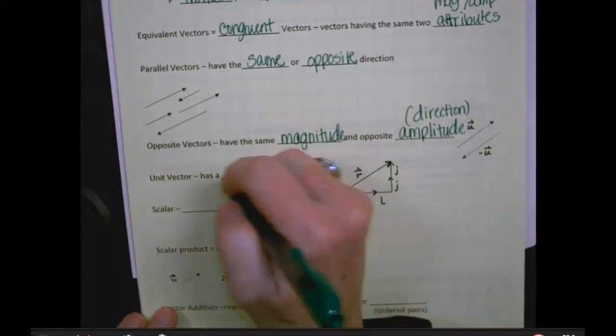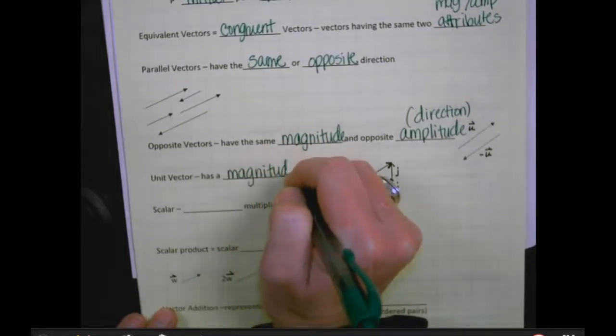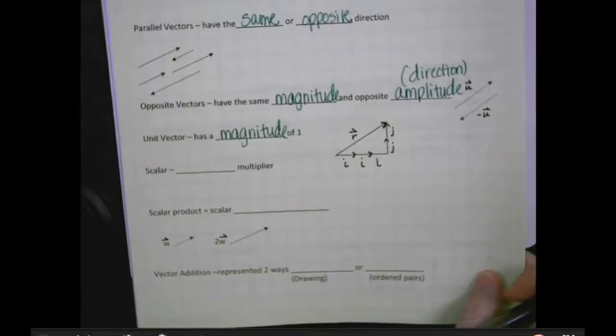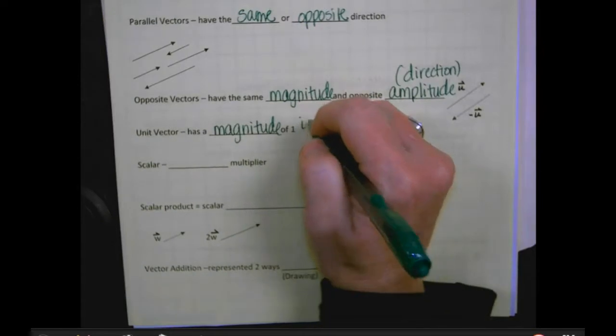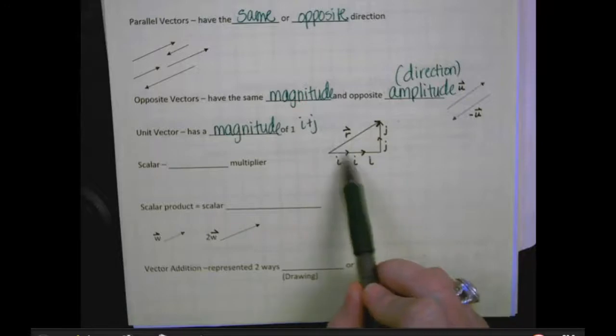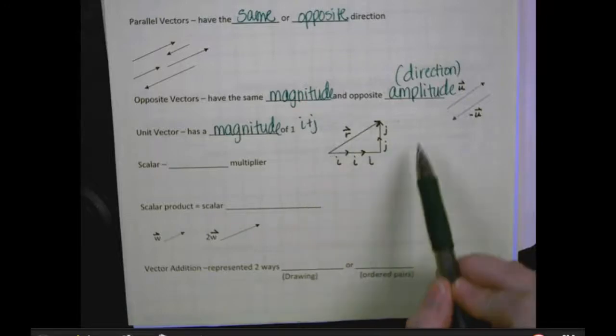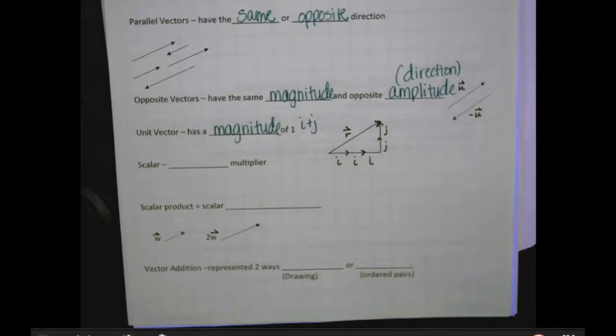A unit vector has a magnitude of 1. And the unit vector is written i plus j. Okay, so the i is the unit on x and j is the unit on y. Okay?